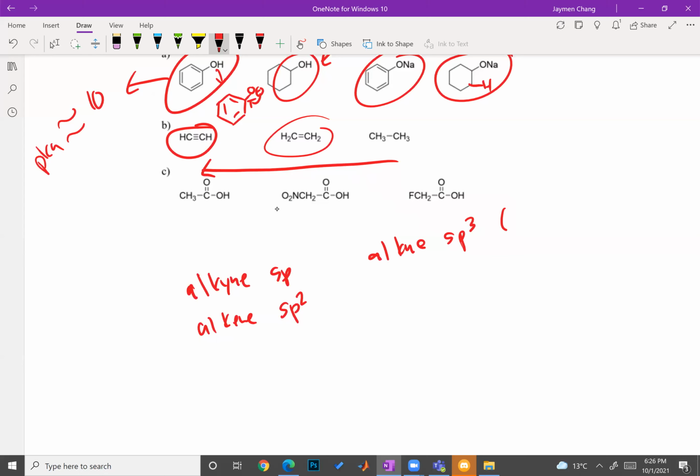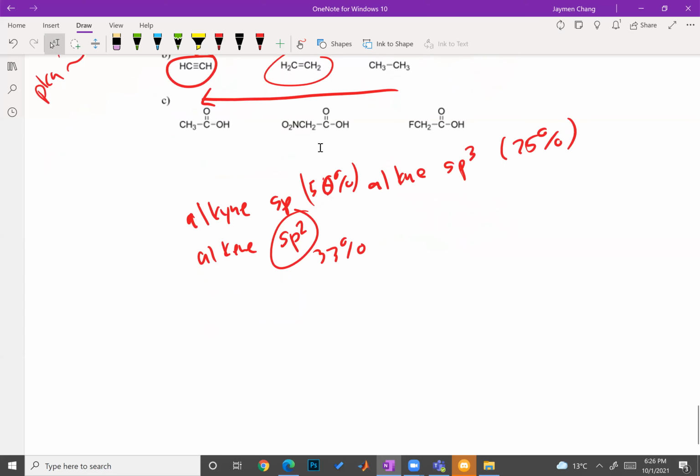What we'll see is that this has 25% s character because there are 4 things in total: 3 p orbitals and 1 s orbital, so it's 25%. Here we have 33%, and here we have 50% s character. The reason why it's good is that after we deprotonate it, we're left with a negative charge. And how do we stabilize negative charge?